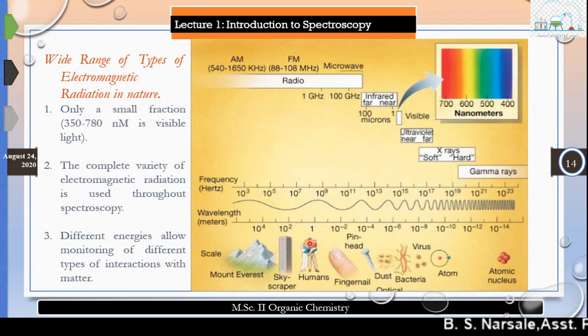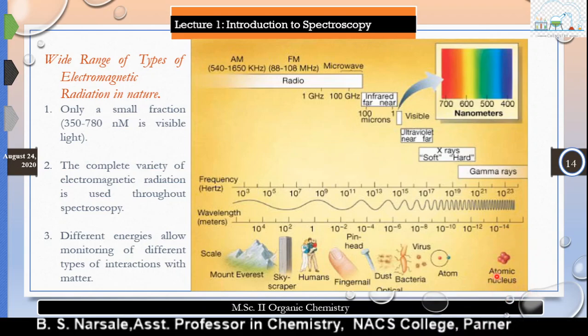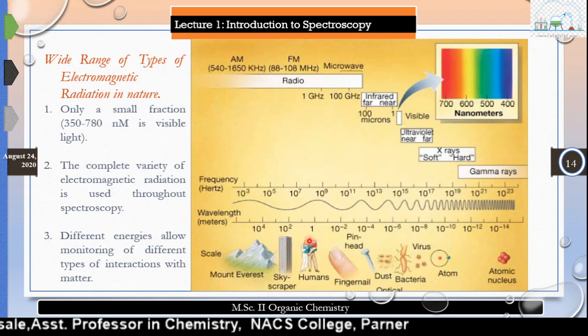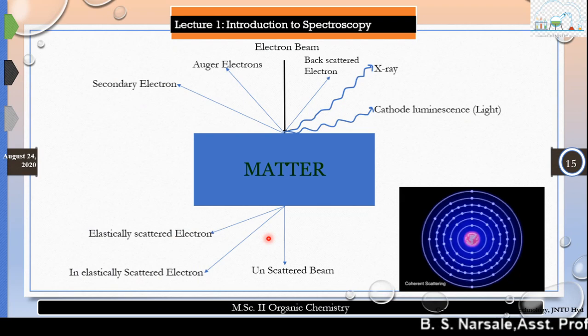This is given for the frequency and wavelength range. It will be clearly observed that more wavelength is observed going from the atomic nucleus, with the wavelength for a human being 1, and Mount Everest 10 raised to 4, more wavelength and then less energy.